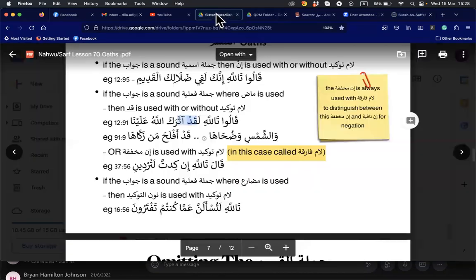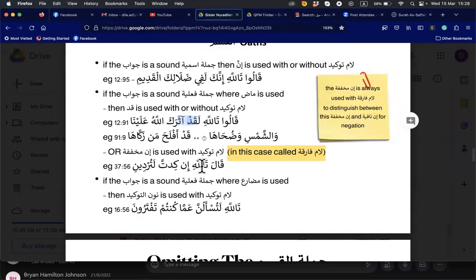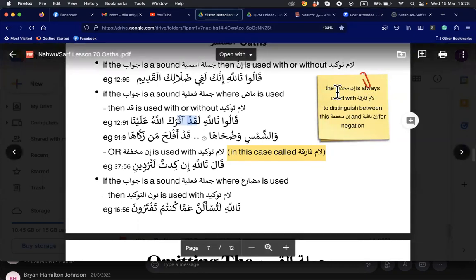So in any case, it's fi'il madi. So it doesn't have qad. It comes after tallahi. So in is used. In is always used with lam tawkid. This lam tawkid is called lam fariqah. Have this note here, I put it in yellow also, because this note is for this.